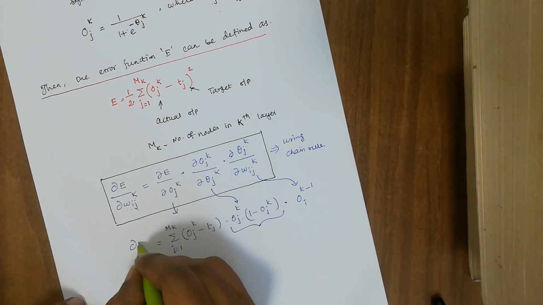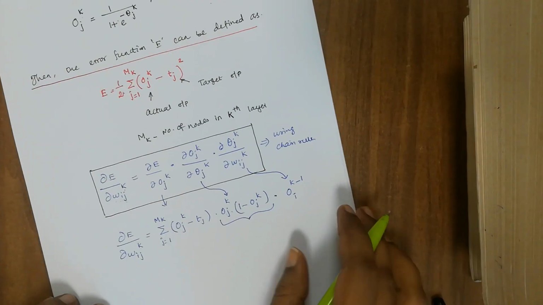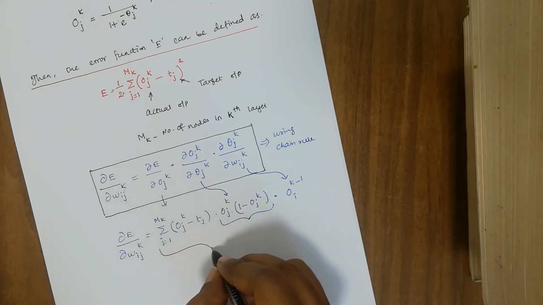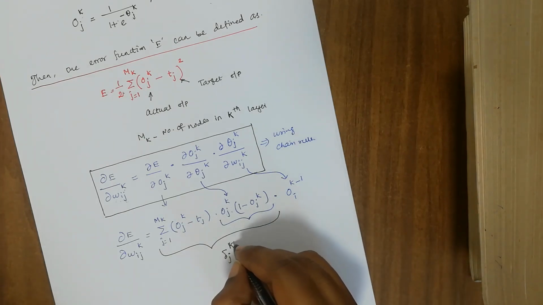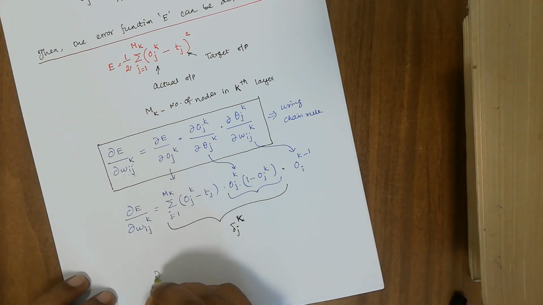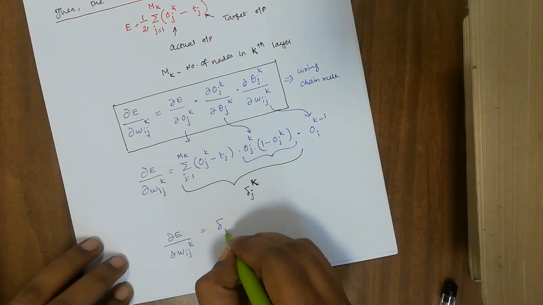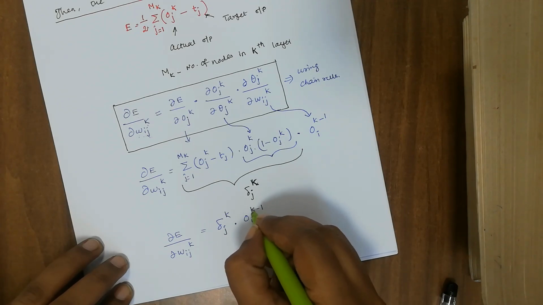Now if I replace this whole term as del j capital K, I can write ∂E by ∂Wij as del jk multiplied by Oi, capital K minus 1.